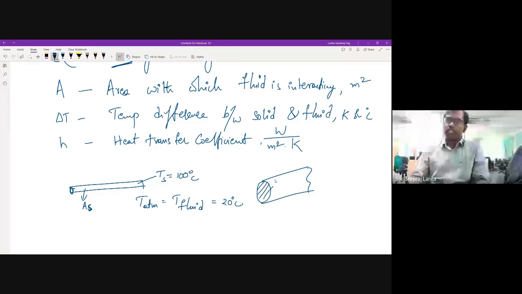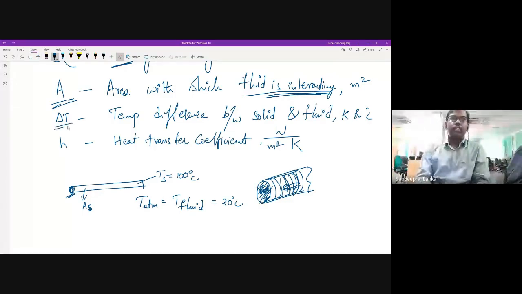So this area you have to consider, and this area you have to consider, because when the rod is in the atmosphere, this whole area will be interacting with the fluid, the atmospheric air. But if this area is very small compared to this area, you may neglect this. In general, whatever area you take, it is the area with which the fluid is interacting. That is a very important thing. That is the story of area.